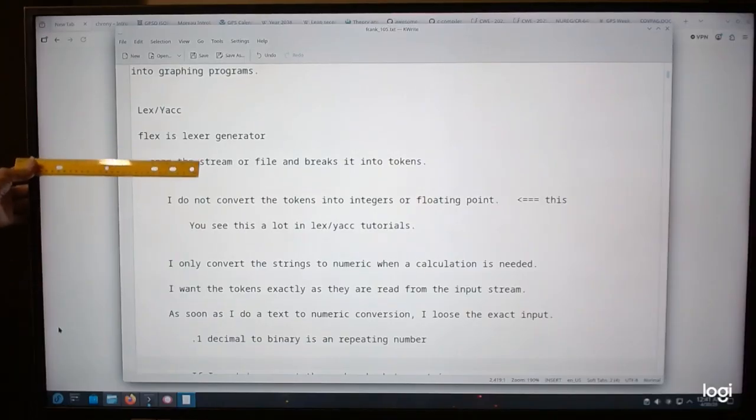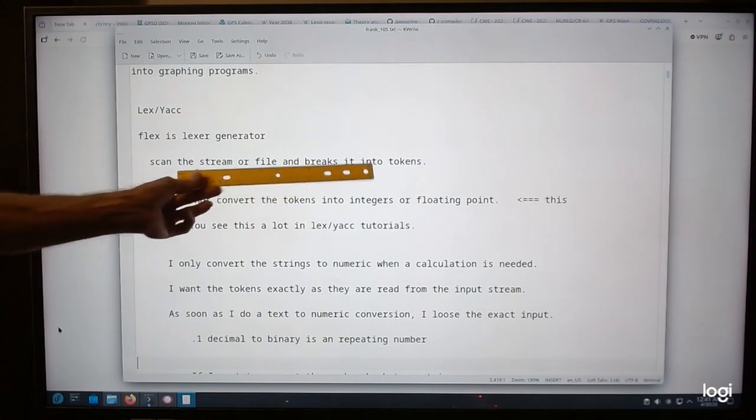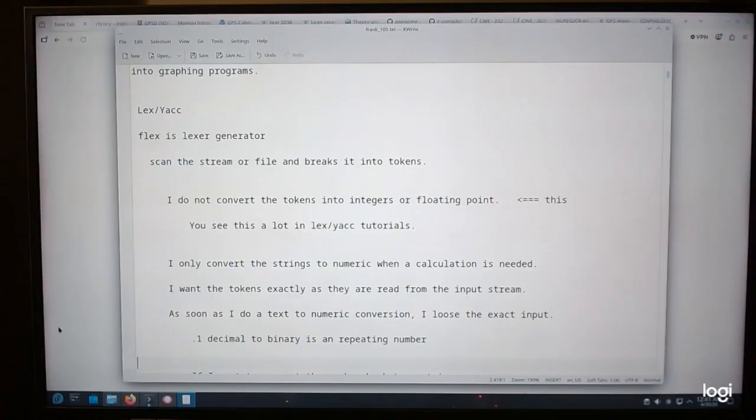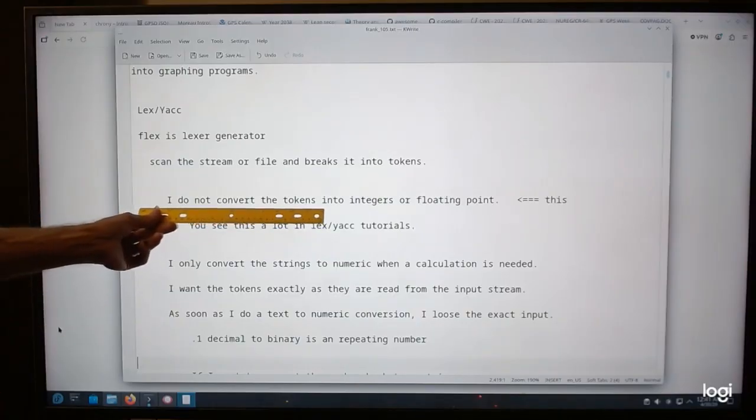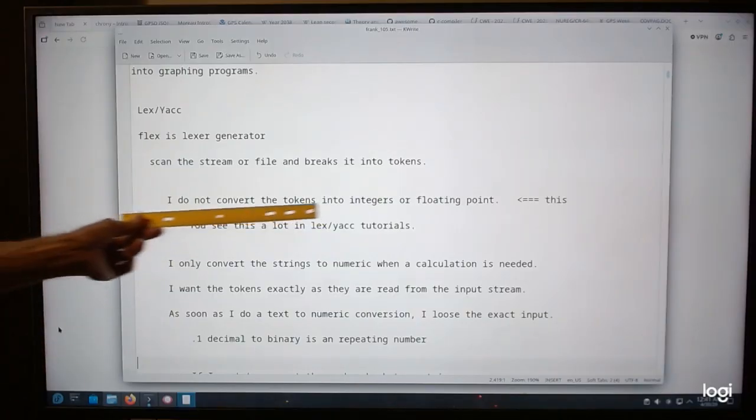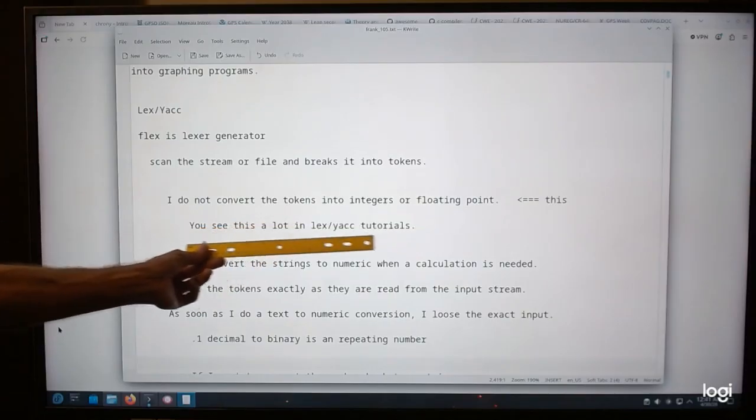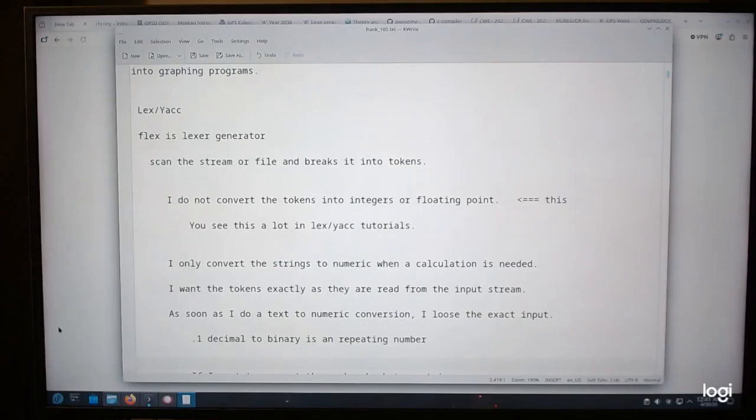Flex, that's the lexer generator that scans the stream and breaks it into tokens. Now, I do not convert those tokens into integers or floating point. You see that a lot in those tutorials.